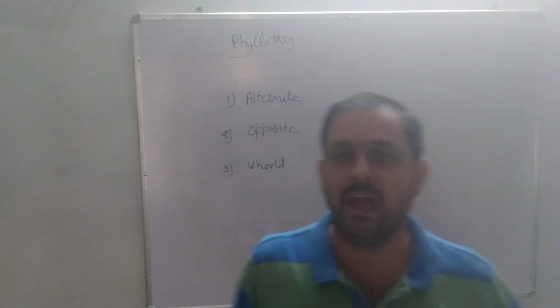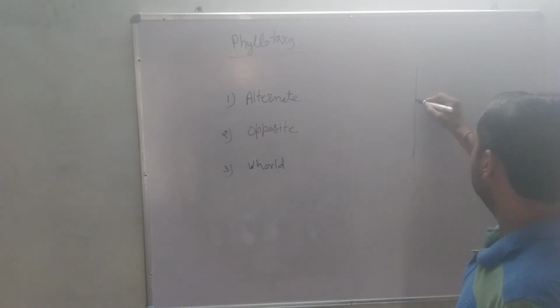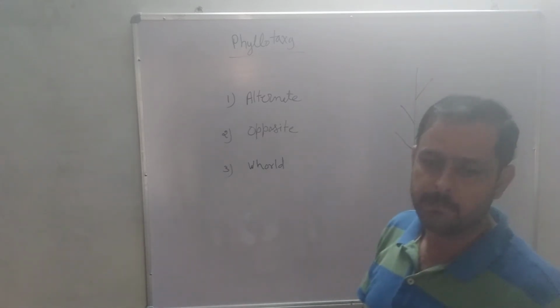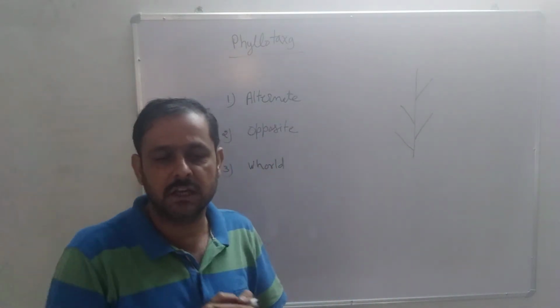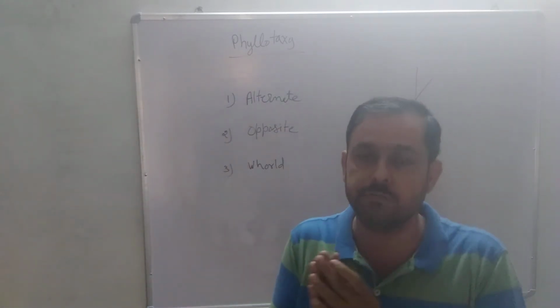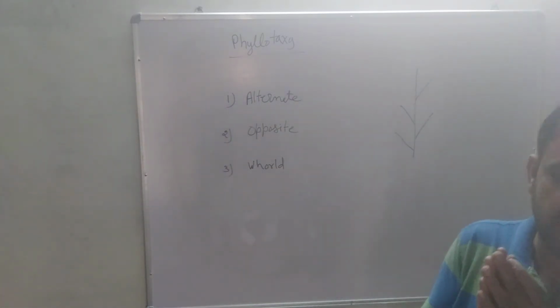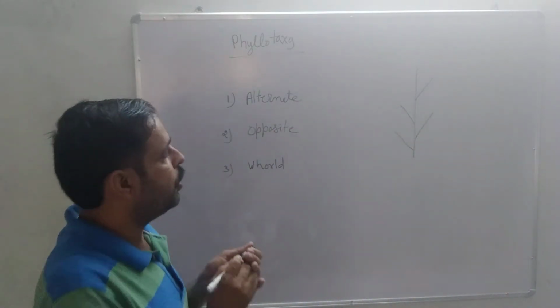Whenever only a single leaf arises from the node, then it is called alternate. There is only a single leaf at each node. The leaves may be arranged in the same plane or spirally around the main stem or branch.